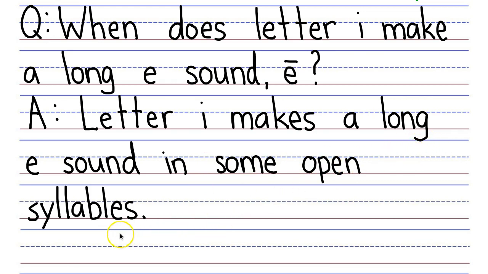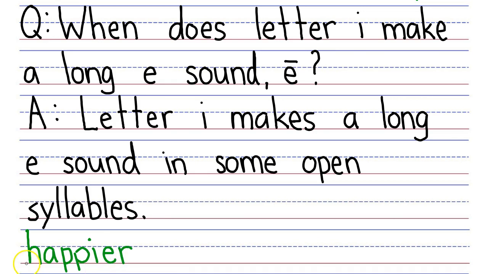Let's spell out some examples. Happier would be one example. This is spelled with an H that says h, an A that says a, a PP that says p, an I that makes a long E sound, E, hap-E, and an ER.